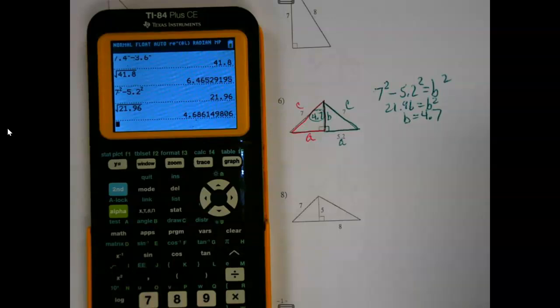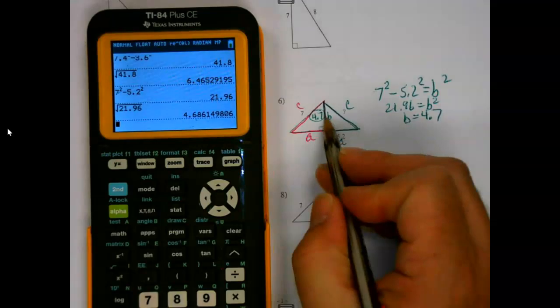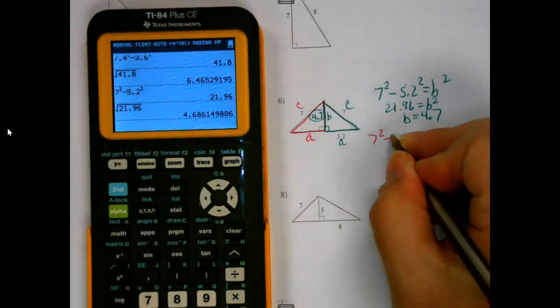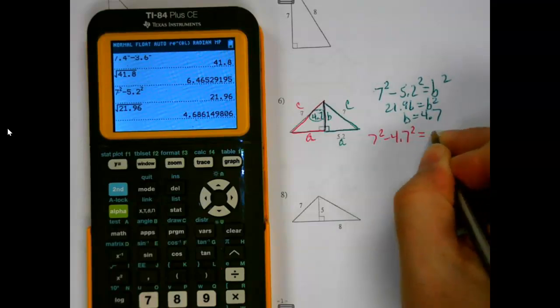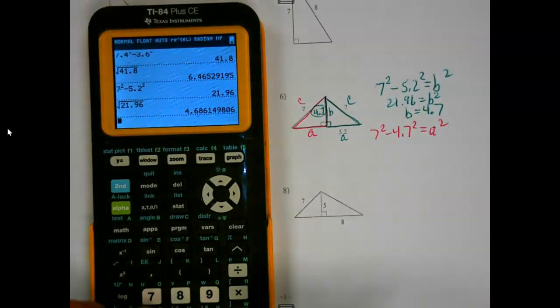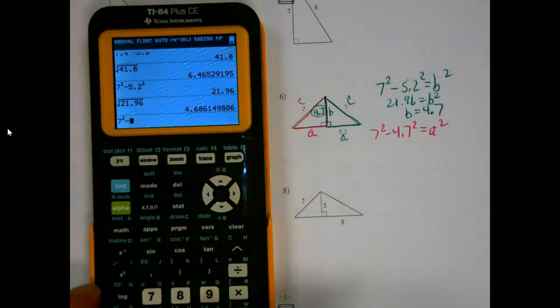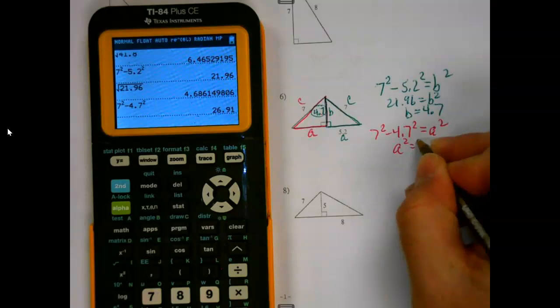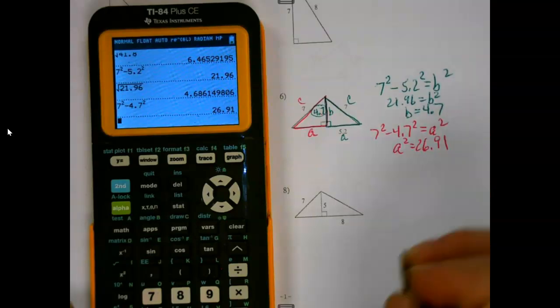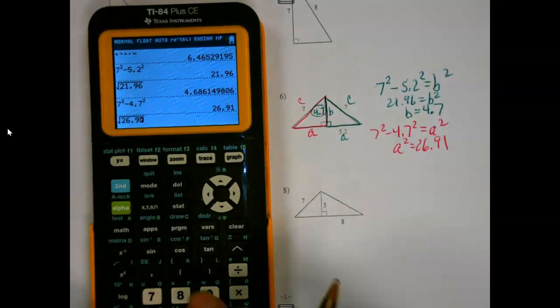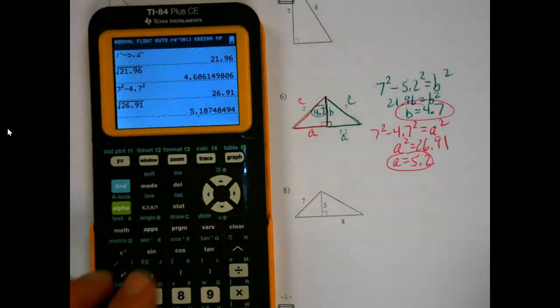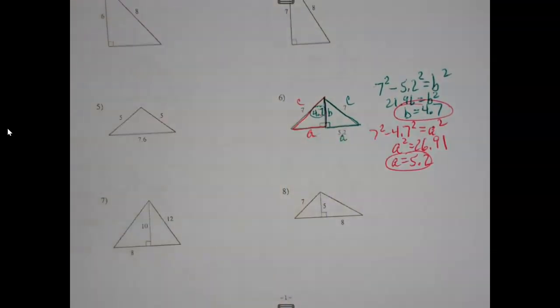So you look and you're like, okay, so let's do that again, because again, I'm looking for a leg. So 7 squared minus 4.7 squared is going to give me my other leg. I probably could even put this on the calculator at once, but... So the square root... Okay, and I get both my sides.